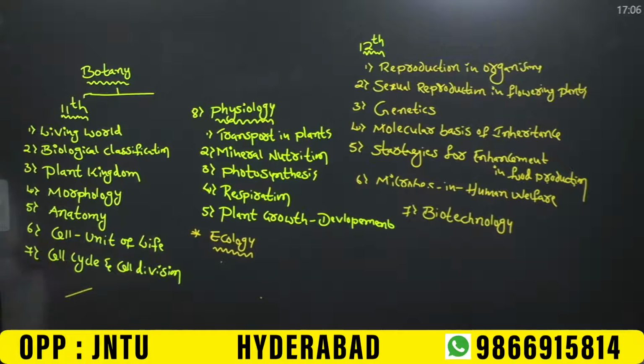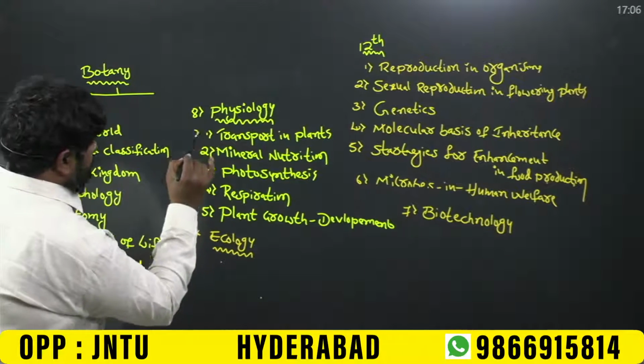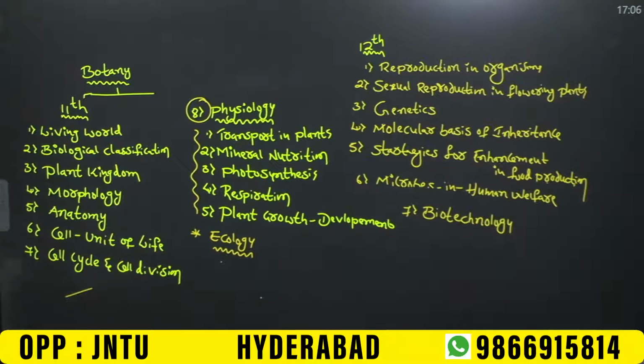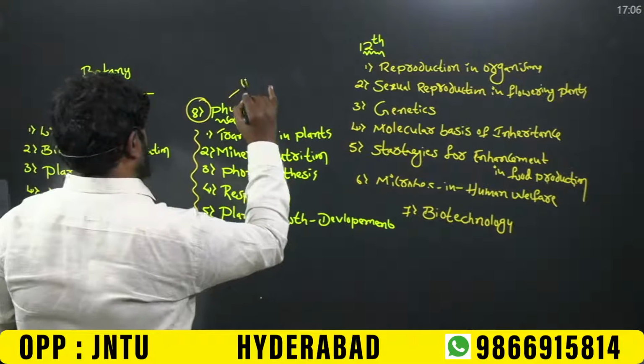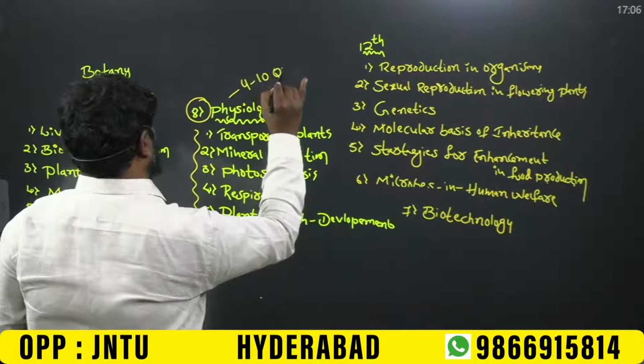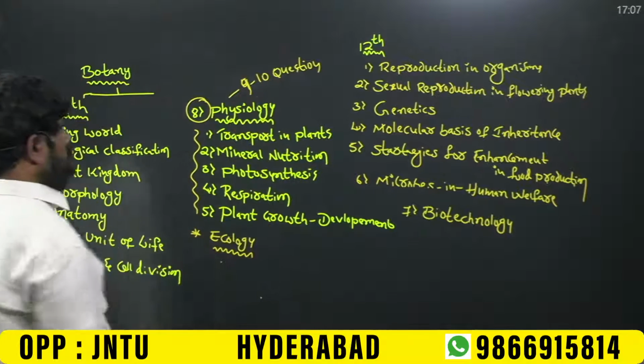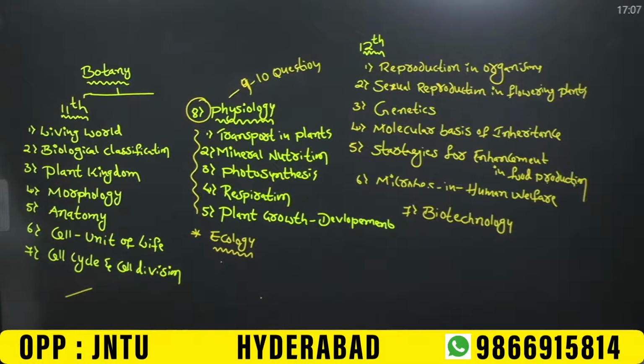But where we have to focus more to crack the NEET in case of botany? The most important are these 5 lessons, means physiology. Expected 9 to 10 questions, more or less, come from the physiology unit.